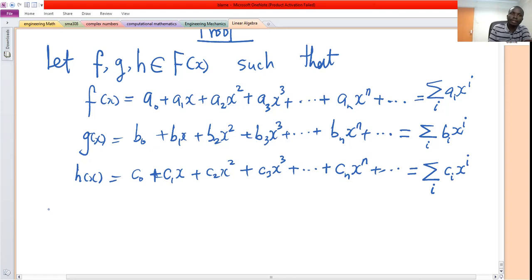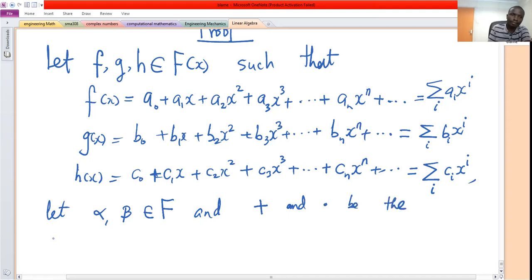And then let alpha and beta be any two elements in the field F, and let the two operations be the addition operation and scalar multiplication respectively.